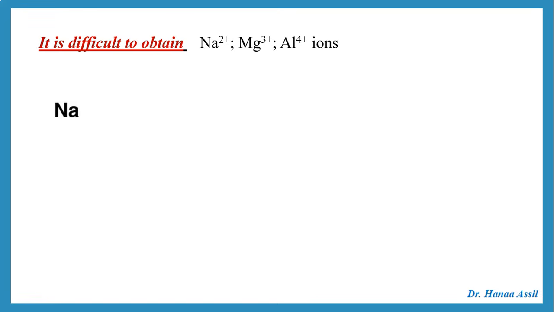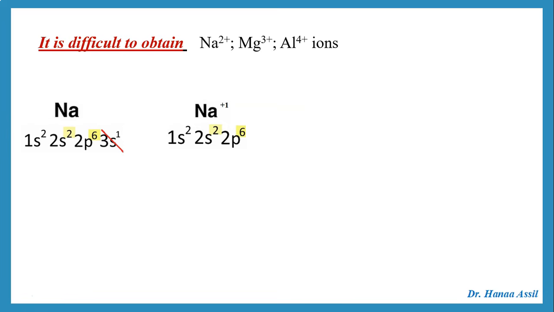Why is that? We said sodium has the outermost electron in the 3s. So I have 3s1. If I remove it, this is the first ionization energy. So it's okay to get sodium +1. This is easy.